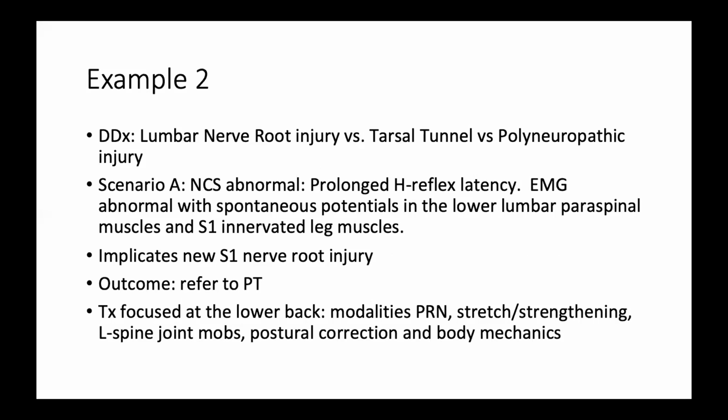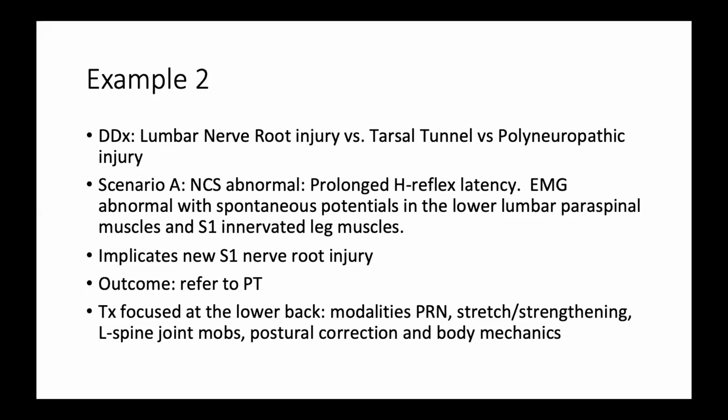So scenario A, the nerve conduction study was abnormal. He had a prolonged H-reflex latency, and the EMG would be positive with spontaneous potentials in the lower lumbar paraspinal muscles and a few S1 innervated muscles in the lower legs.